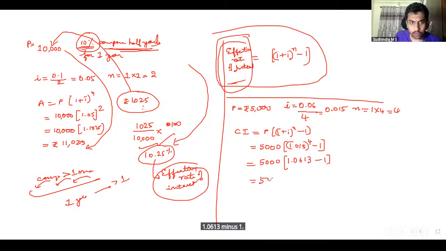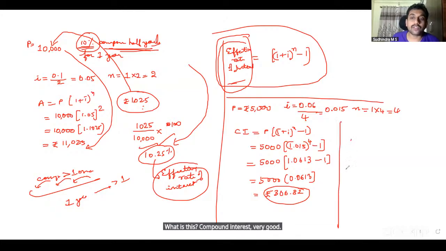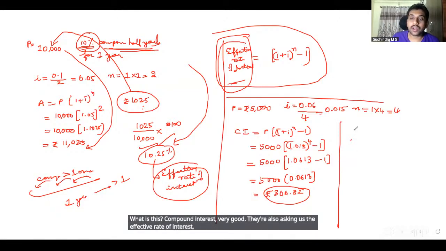Very good. 5,000 into 0.0613 should give us how much? 306.82. What is this? Compound interest.